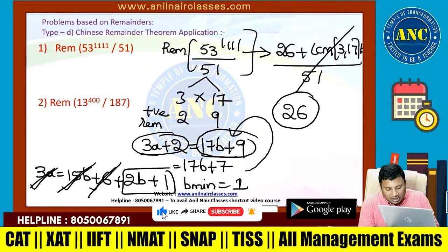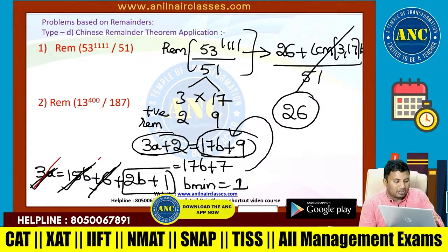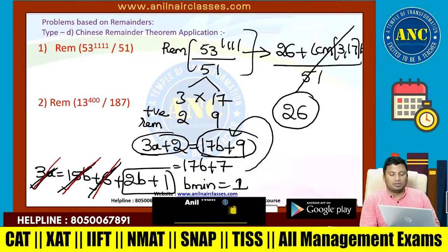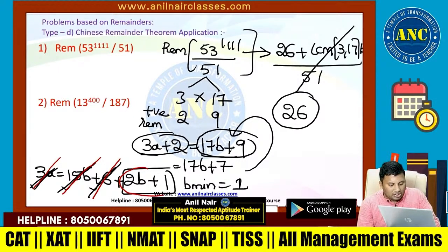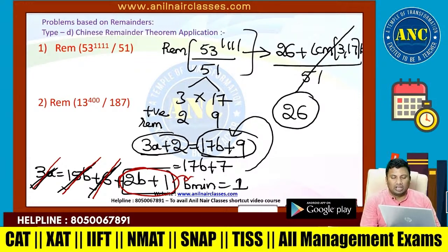So 3a is equivalent to 17b plus 9. 3a is equivalent to 15b plus 6 plus 2b plus 1. So what will it become? These are divisible by 3. Remaining is 2b plus 1. 2b plus 1 should be divisible by 3. B minimum should be 1.